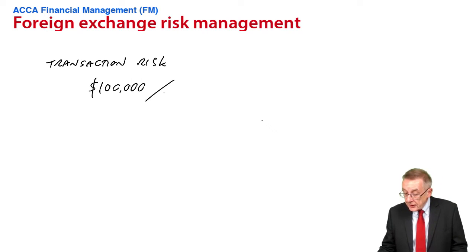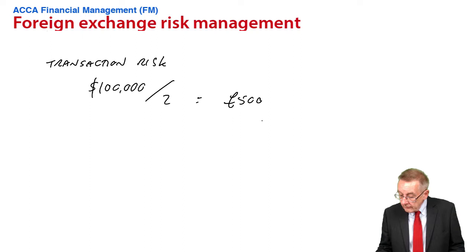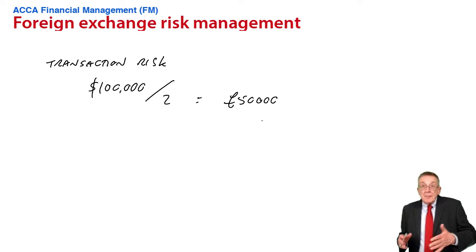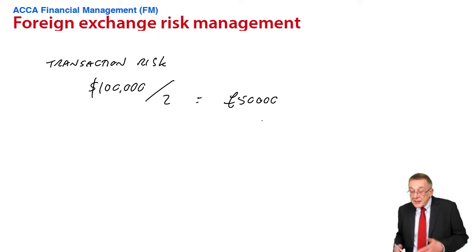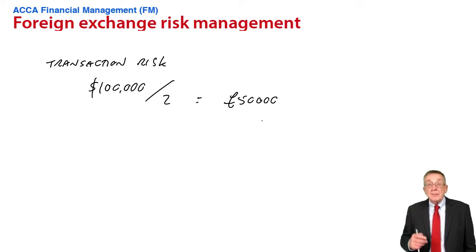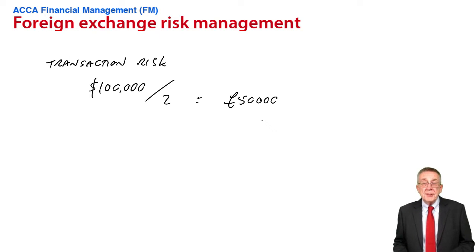And so at $2 to the pound, that's 50,000. But the problem is that maybe, although I'm buying today for $100,000 and there are $2 to the pound, maybe I'm not going to be paying for these goods for another month.